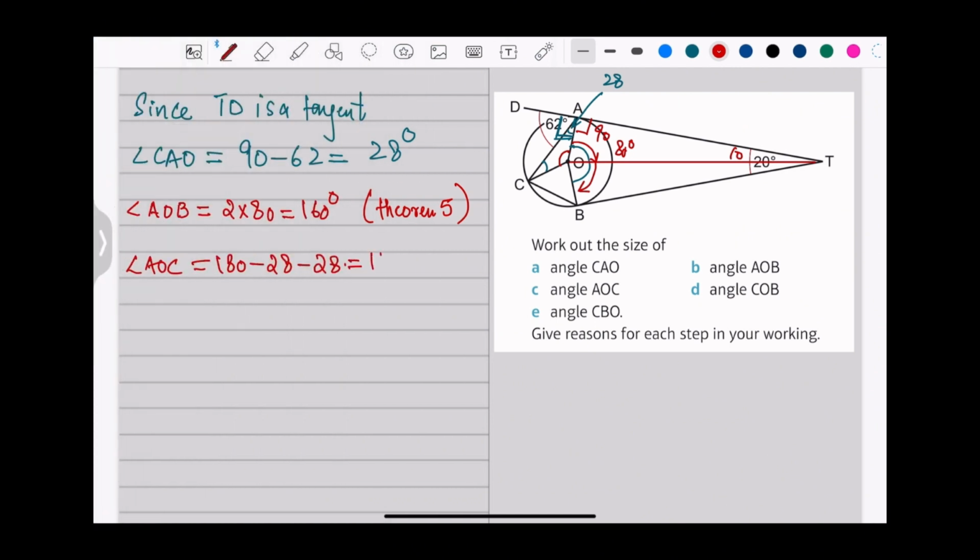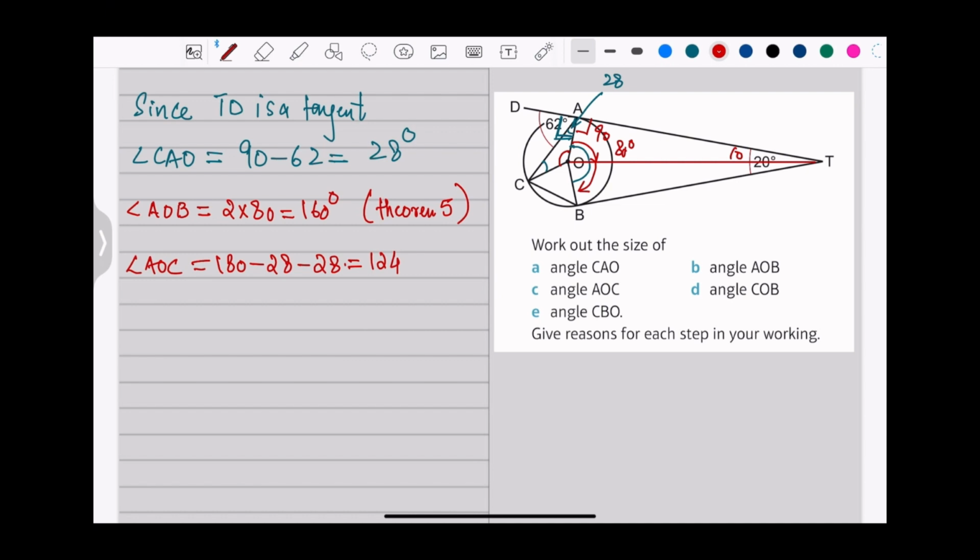It's going to be 124. There's nothing that I applied from circle theorems in it. I just found the triangle AOC, and from it I had two angles which were both equal to 28 each, and I added them and subtracted from 180 degrees.